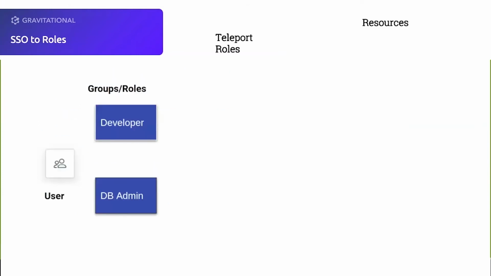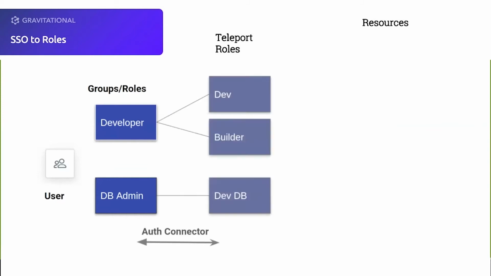Now looking at how our single sign-on interacts with our roles, whether this is Active Directory or Auth0, you would typically start with a user, and they have a set of groups or roles that they map to. Like this user is in the developer group as well as a DB admin. Now, how that maps to Teleport is simply a one-to-many.